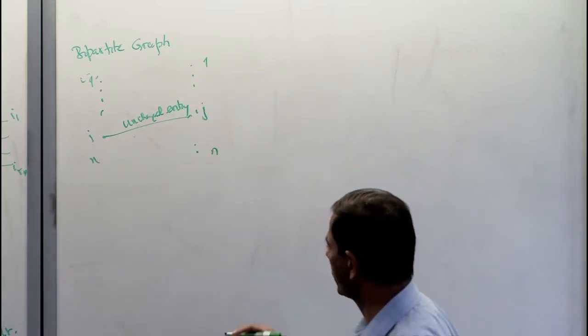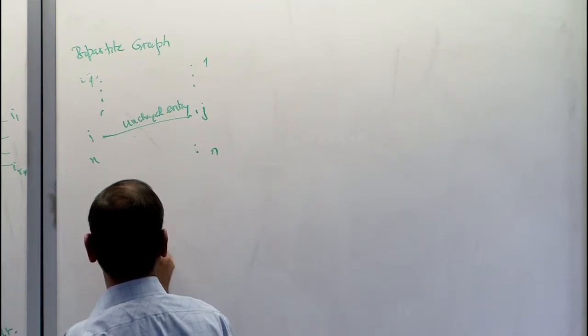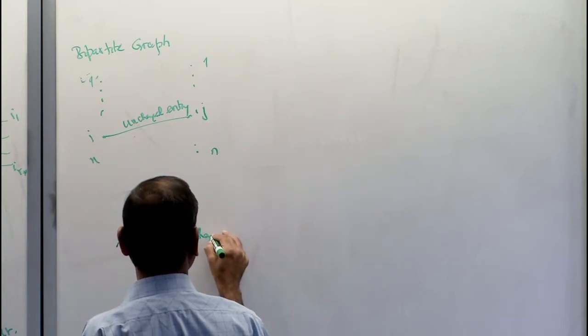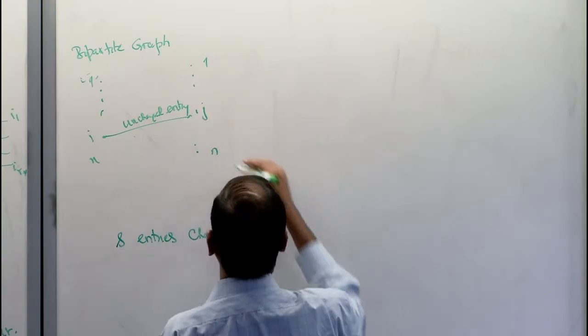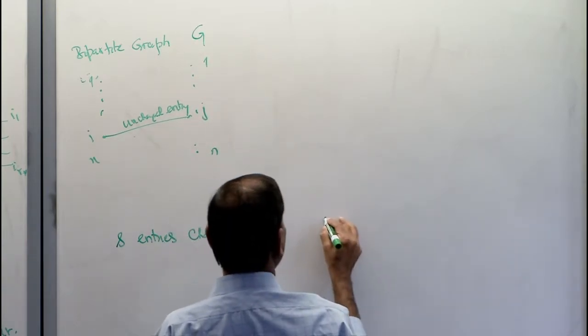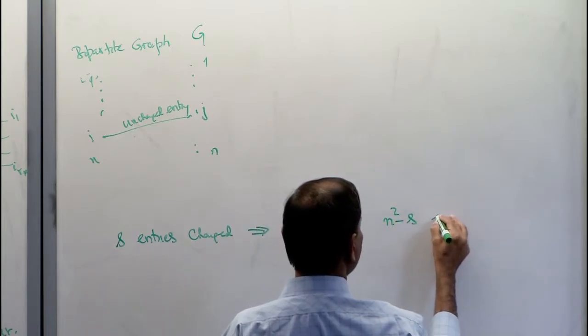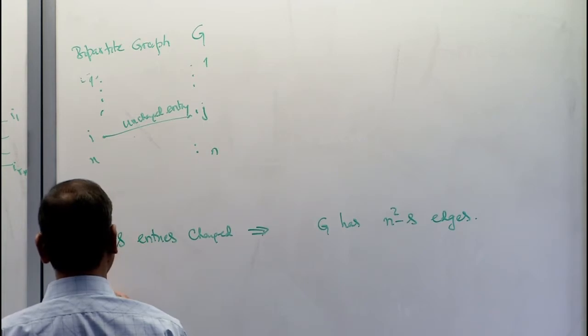So if you changed S entries, this graph, let me call it G, has n squared minus S edges.